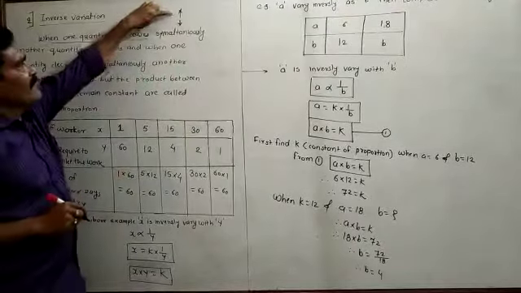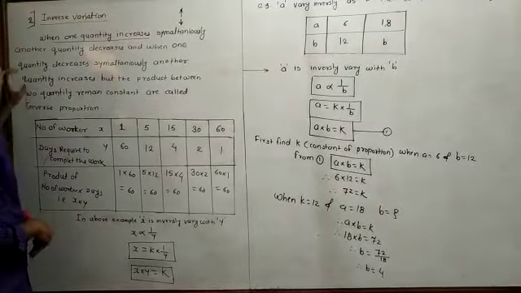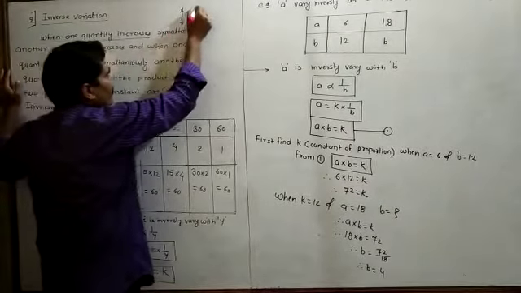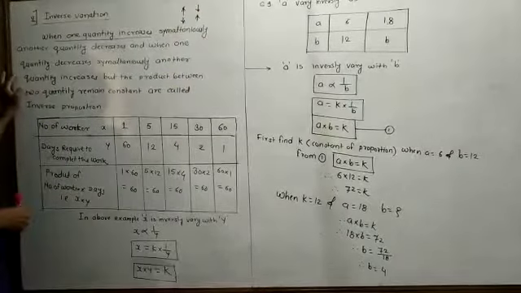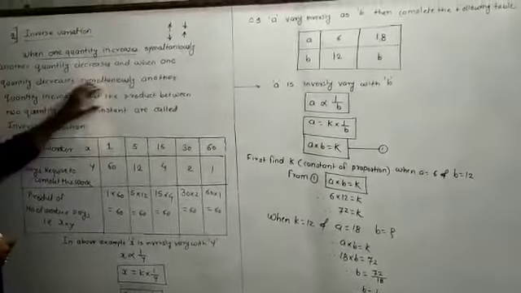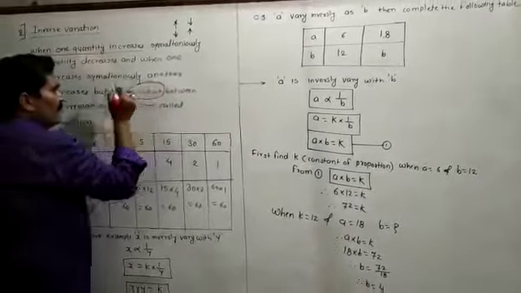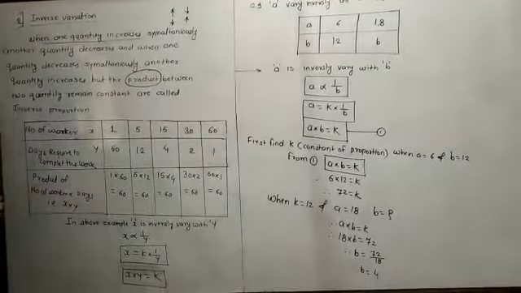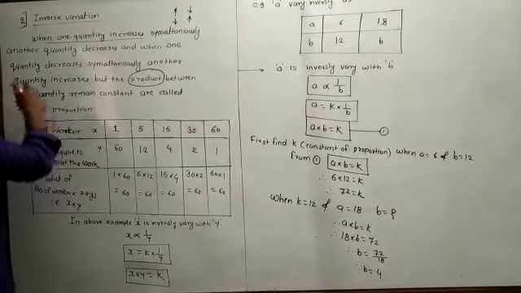And when one quantity decreases, at that time another quantity increases. But the most important thing is that the product of the two quantities remains constant. That is called inverse proportion or inverse variation.